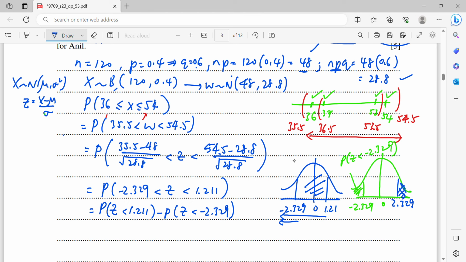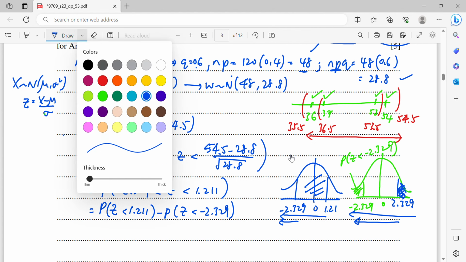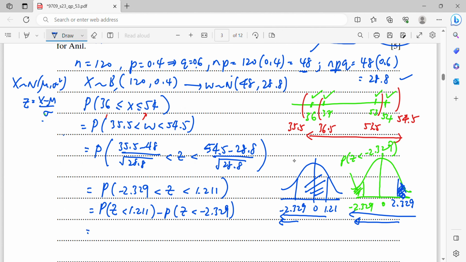To get this blue region, it will be the total probability, which is 1, minus the probability less than the positive value. Then here I will write P(Z less than 1.211) minus (1 minus P(Z less than 2.329)).